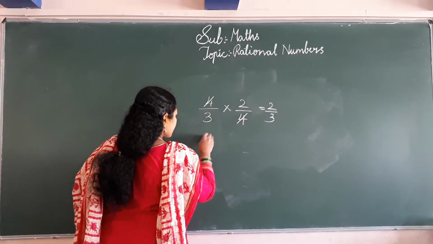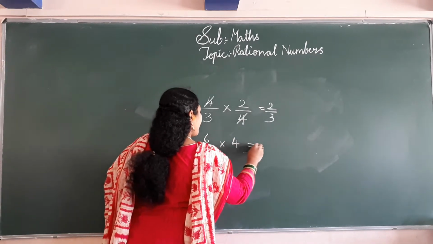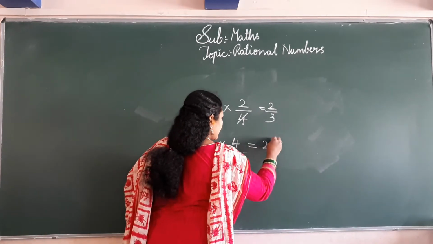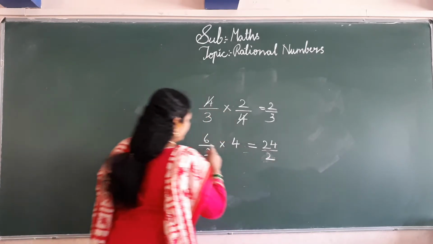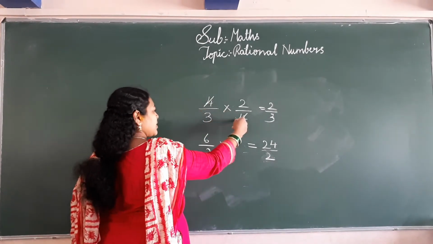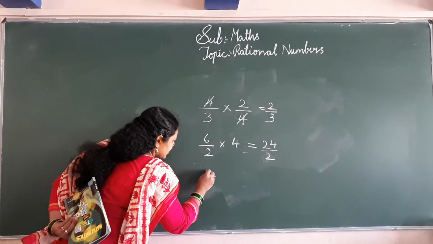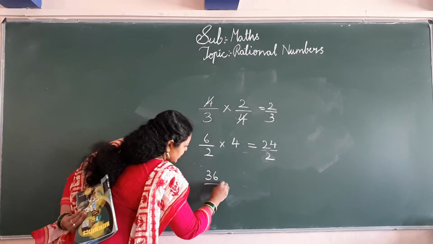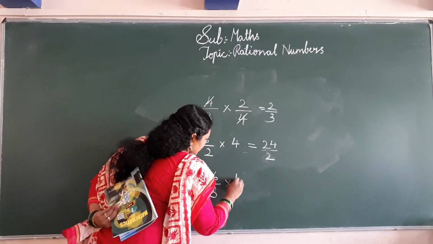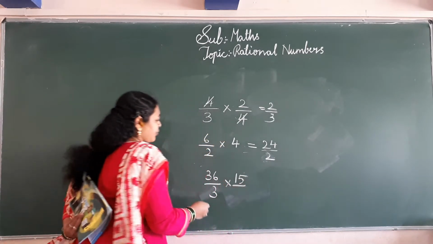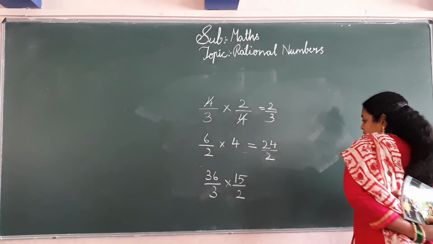Or direct multiplication, 6 by 2 into 4, 6 fours are 24 by 2. When we have different fractions, we used to cancel and get the answer. If it is 36 by 3 into 15 by 2, then what did we used to do?